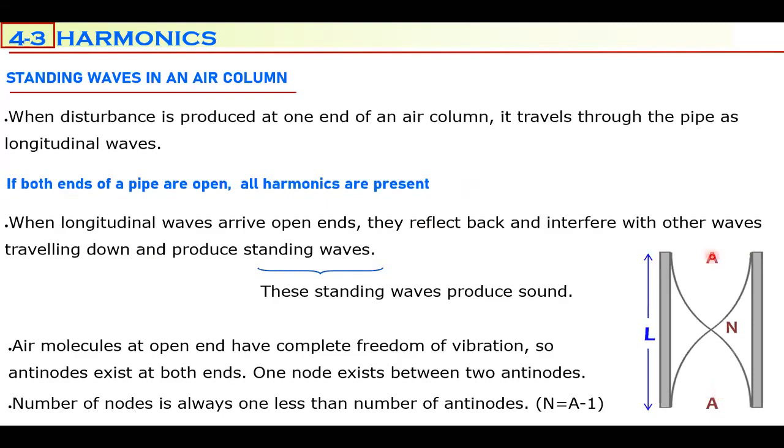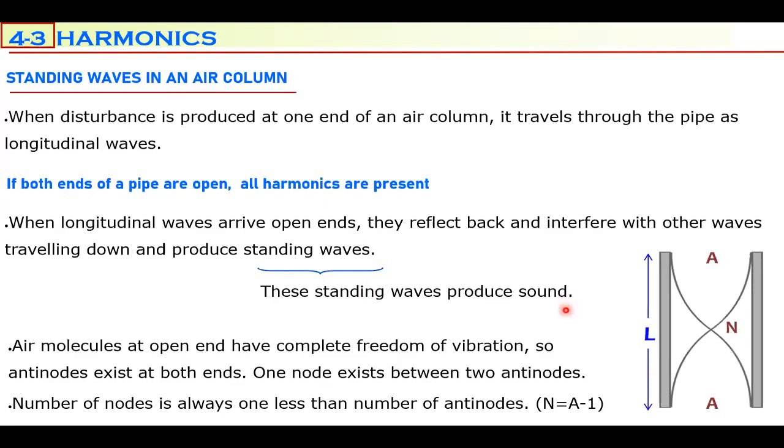When they reflect back and you are continuously blowing, the going down waves and reflected waves interfere with each other and form a standing wave. So when longitudinal waves arrive at the open end here, they reflect back and interfere with the other waves which are traveling down and produce standing waves. And these standing waves produce the sound.